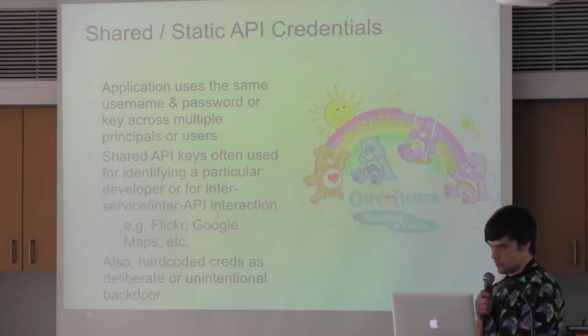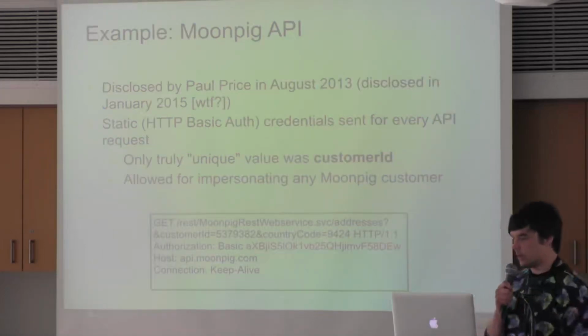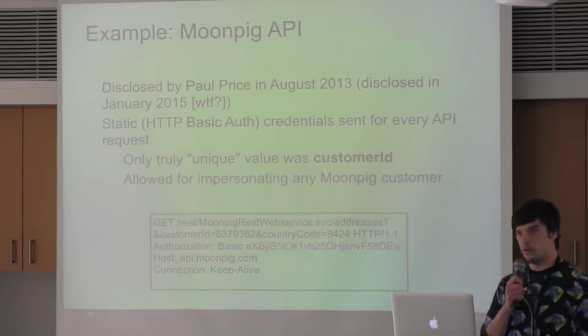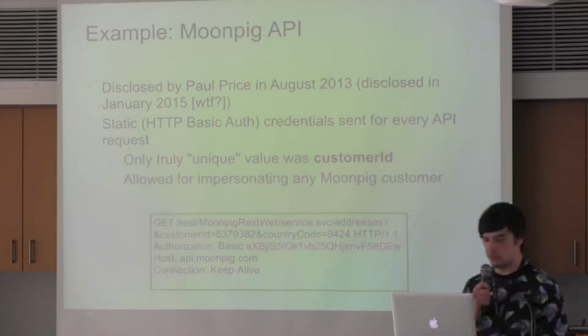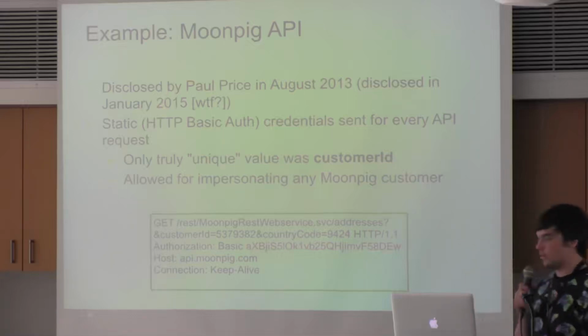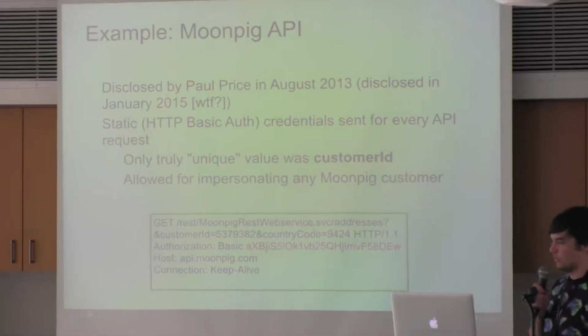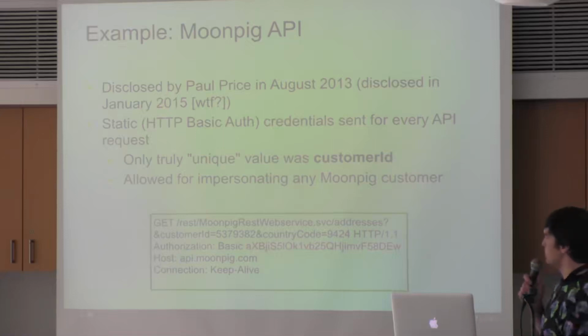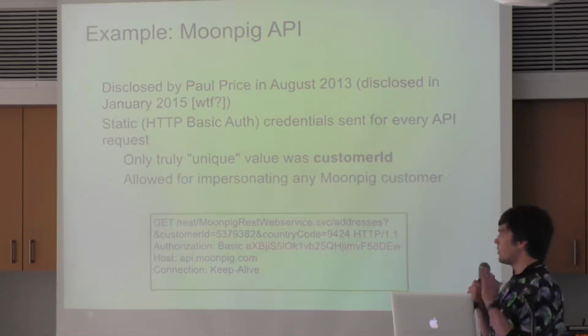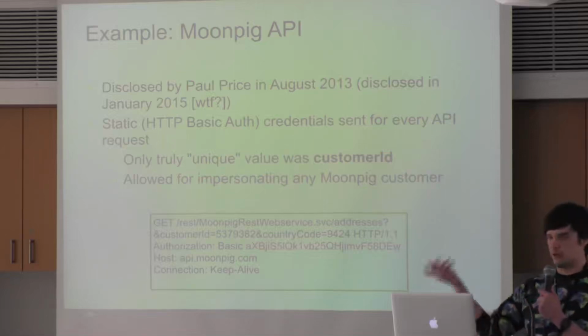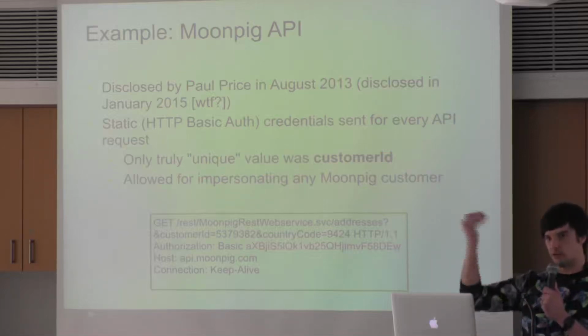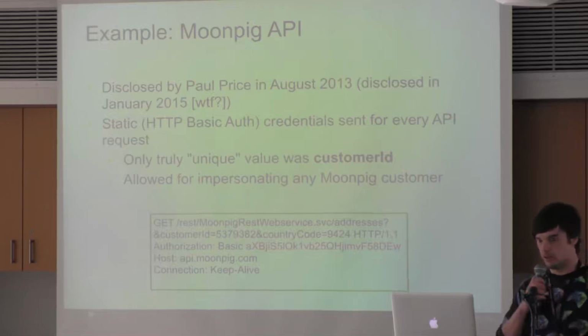So there's this Moonpig API. I didn't even know what Moonpig was until this was disclosed on January 15th. Paul Price reported this in August 2013, and it was never really fixed, so it was disclosed in January this year. Basically, although it was done over TLS, every API request was authenticated solely with a basic auth header, the same credentials for every transaction, regardless of who the customer was.